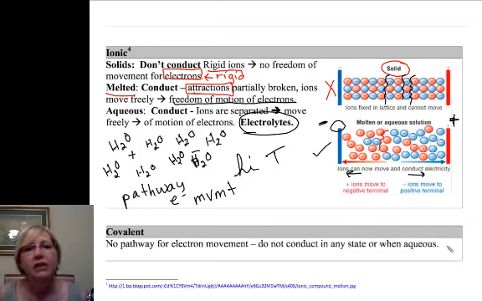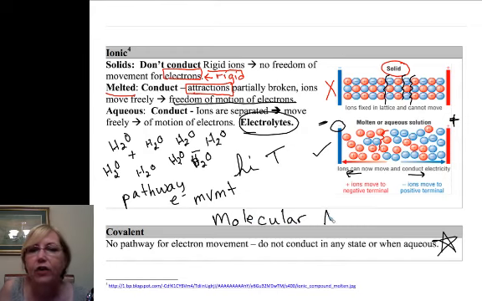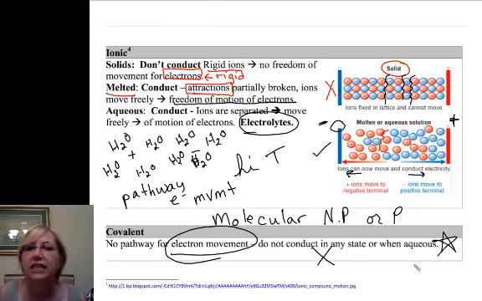All right. Covalence, easy. Covalent molecular substances, again, we're talking about those discrete molecules. It doesn't matter whether it's nonpolar or polar, has nothing to do with it. There's no pathway for electron movement. They do not conduct. Whether they're molten, whether they're solids, whether they're aqueous, they do not conduct, which hopefully you see might be a good way to distinguish whether you have an ionic aqueous solution.